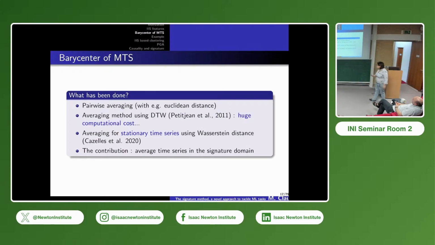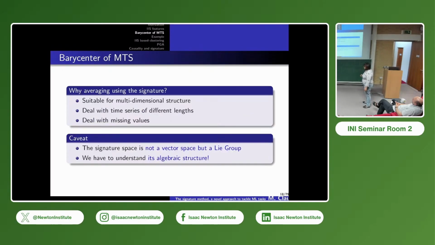What we try to do is to average time series in the signature space. And we claim that it is a good idea. The non-stationary case could be interesting because it could be dealt with by the signature method, and maybe it could be more difficult with other methods. We also have this idea of dealing with time series of different lengths, which could be a burden.